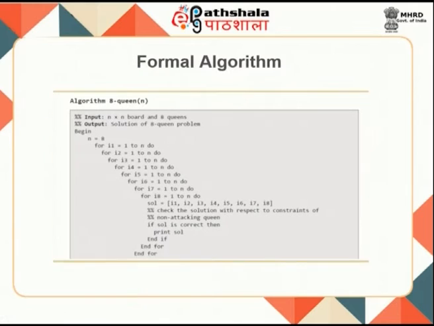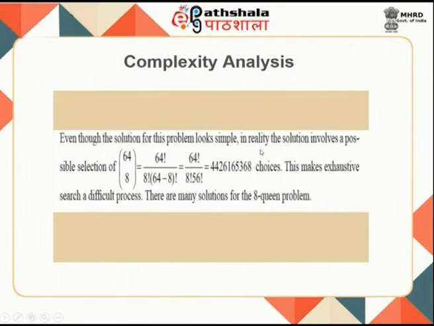This is the informal algorithm. This is the formal algorithm for the 8 queens problem. We generate a configuration like this as a solution, and if the solution is correct, that means the queens are not in attacking positions, then we will print the solution, otherwise we will explore the other possibilities.